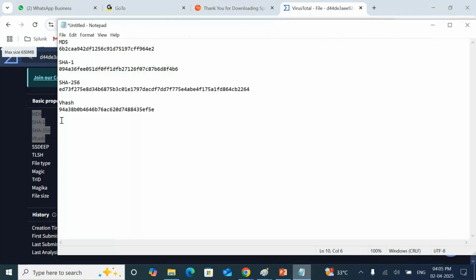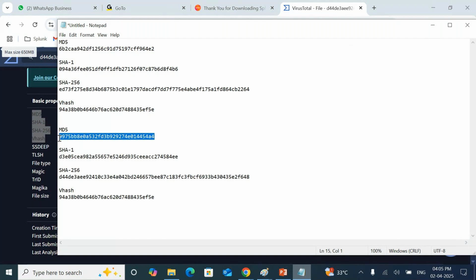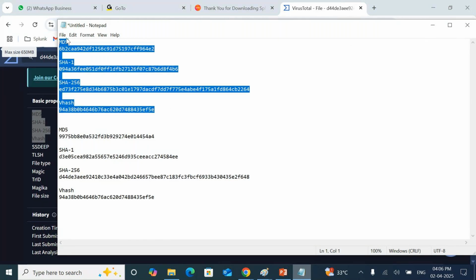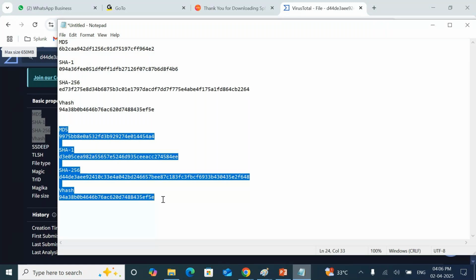If you observe, the above one and this one are different. This is MD5 format, this is SHA1 format, SHA256, and these are different. Why? Because I gave the original file with this hash key, but the attacker tried to inject some malicious code into that file, and once you change that file, immediately the hash key changes. Why? Because a hash key is unique to identify the specific file.